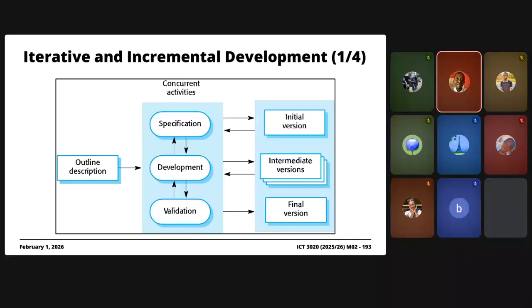Anyways, iterative because you are cycling through. In the waterfall model, if you remember, we first handle requirements engineering, starting with requirements elicitation, then requirement specification, then software design, then implementation, then testing, and then deployment or evolution.